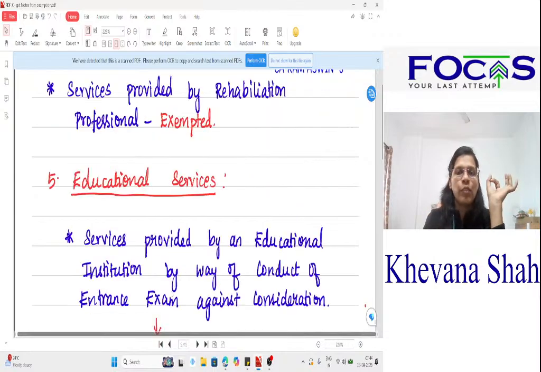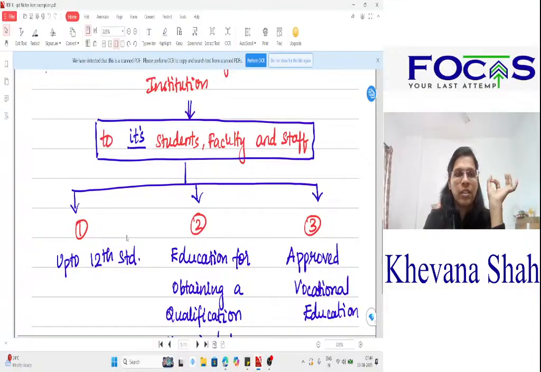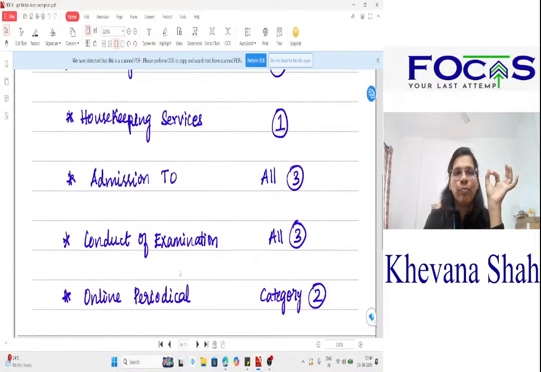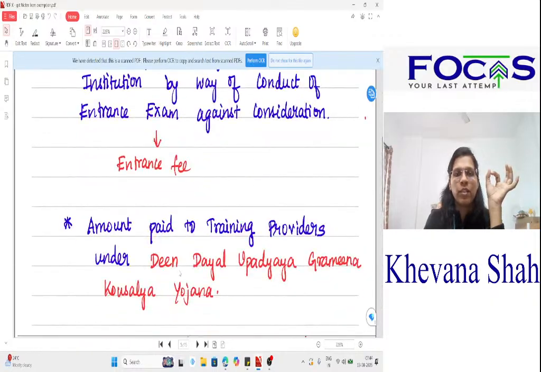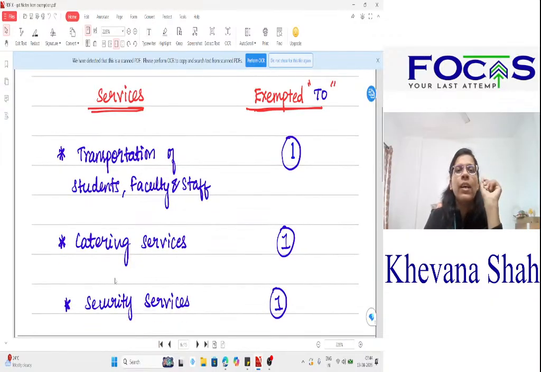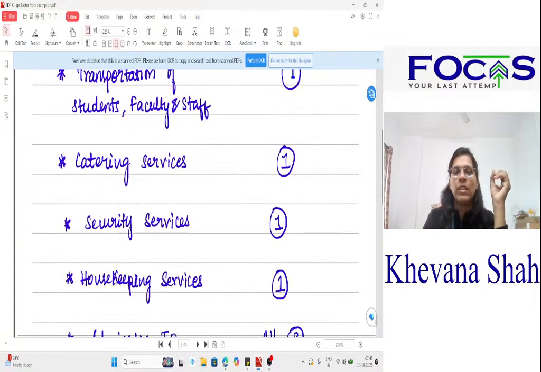So, if you are providing any transportation services to the students, faculty or staff, then that is exempt to the educational institution if it is provided for students up to class 12. The same provision applies for catering services. If any catering services are provided to students, faculty or staff members for education up to class 12, then that is also an exempted service.